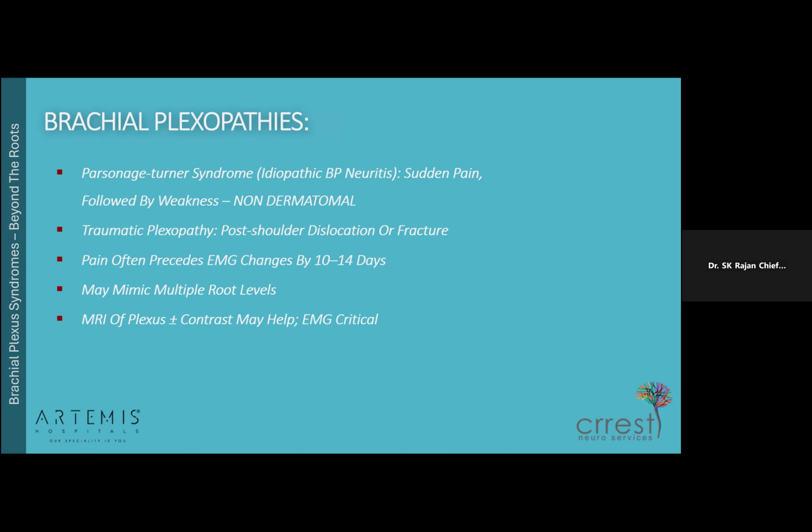The key here is that the pain and the pattern and the weakness is also non-dermatomal. And usually it will be sudden pain, and the weakness will follow a little later. Now, in these cases, this particular pattern of symptom development is important. And EMG is not usually advised in the very early stages, despite the patient having weakness, because it will not show any changes in the first 1 to 2 weeks.